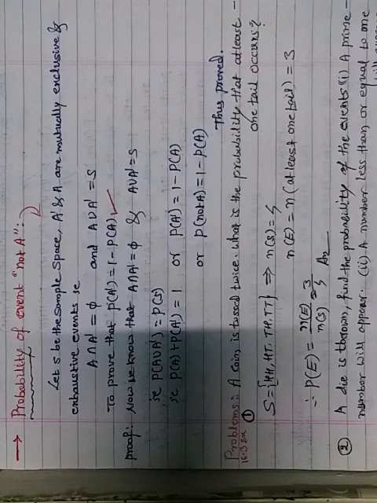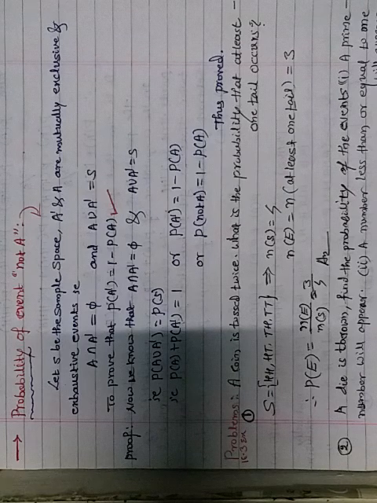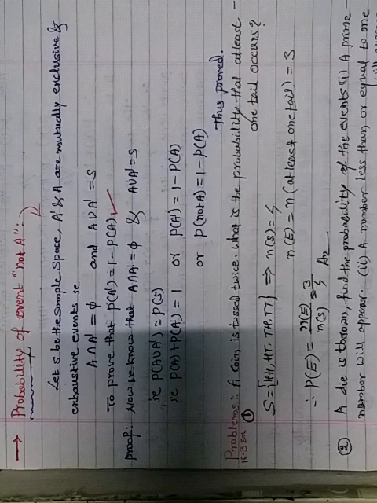Now we shall begin with the probability of event not A from the axiomatic approach to the probability. Up to the last class, we had discussed all the four important points regarding the axiomatic approach to the probability.